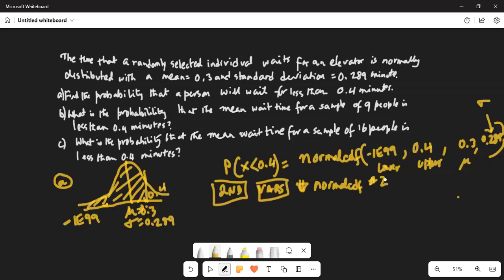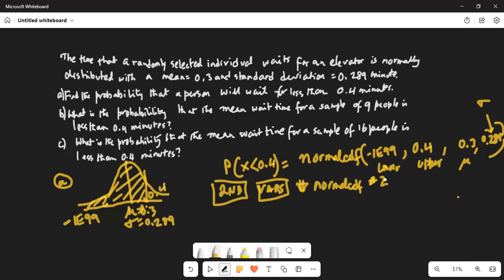So I press second, then the VARS key, which is in the third row. Then I scroll down to number 2. My lower is minus 1E99. The calculator is always set for the lower as minus 1E99. My upper is 0.4, my mean is 0.3, and my standard deviation is 0.289.